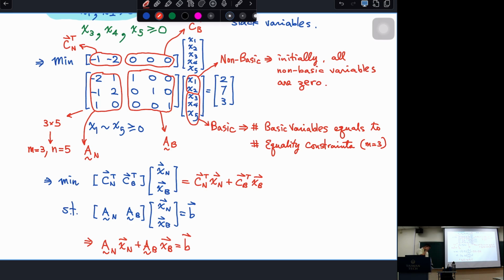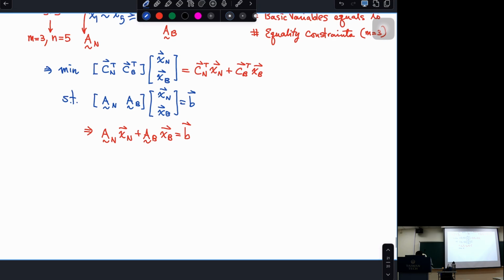If they are 0, what's going to happen? So since xn equals 0, you can have Ab xb equals small b, and you can then solve for xb equals Ab inverse b, right?